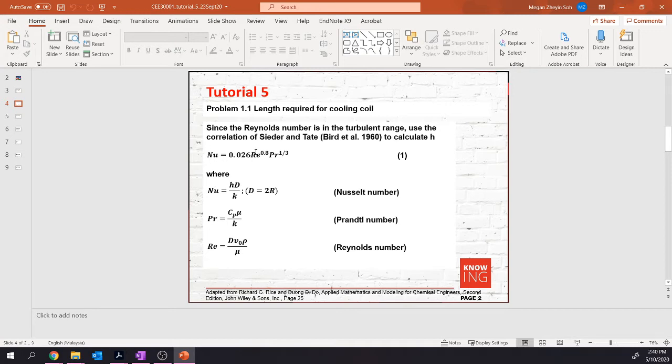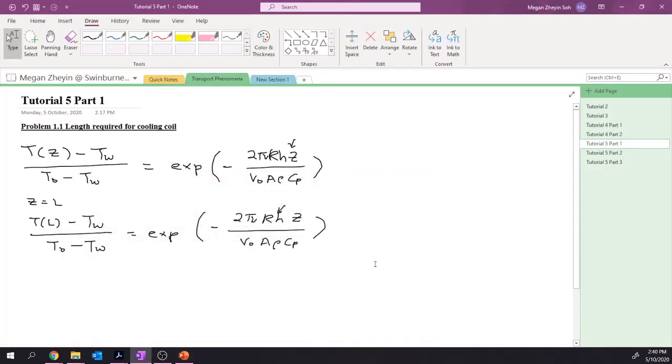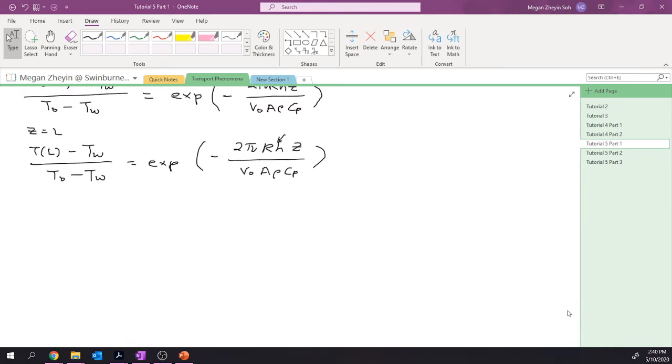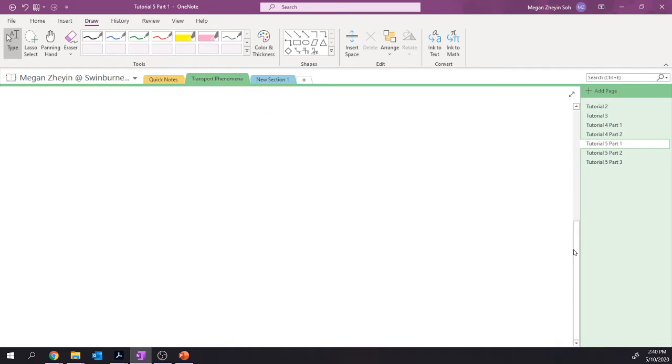In this case, we need to identify the Reynolds number and the Prandtl number. But this one can be easily calculated by slotting in the information.